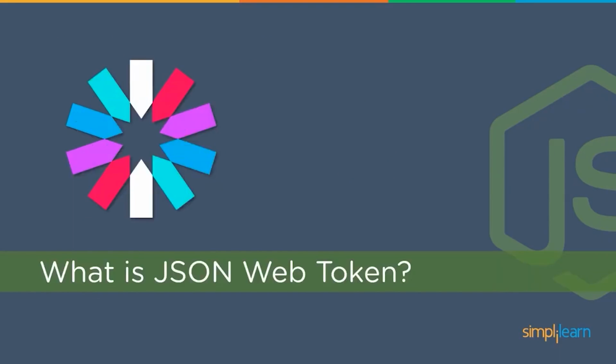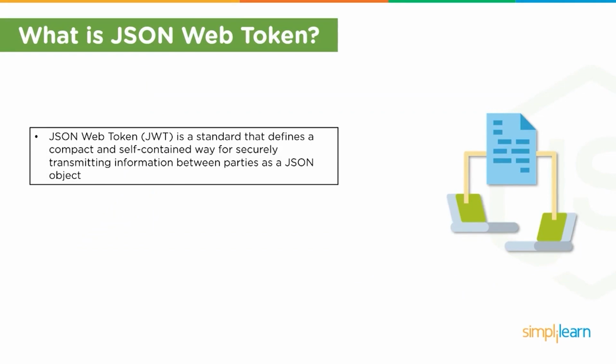So let's dive into what actually is a JSON Web Token. A JSON Web Token is based on an open standard. It's one that you can go ahead and research, and it allows a definition of a compact, self-contained way of securely transmitting information between parties using a JSON object.